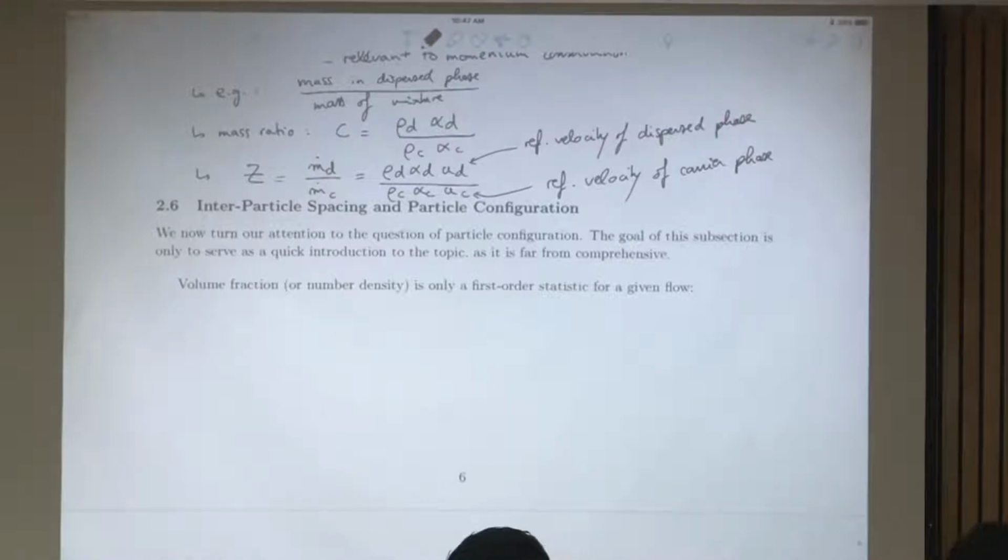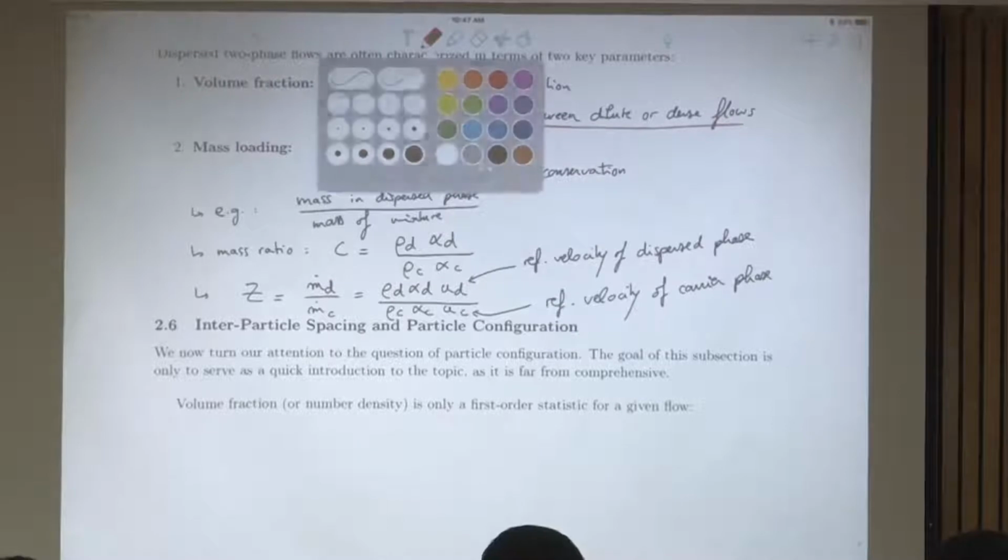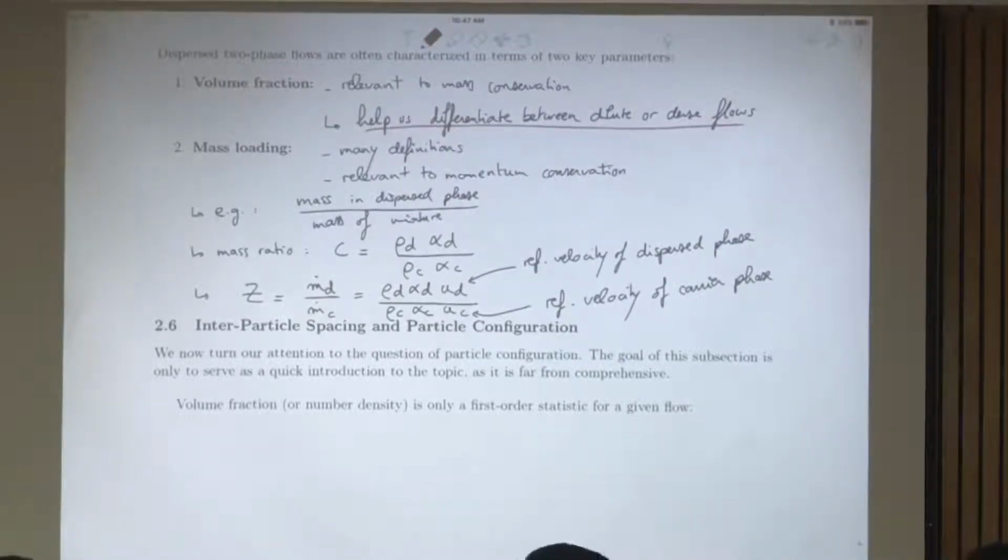It's going to be important for us to, so this here, volume fraction, we said this helps us differentiate between dilute or dense flows. Mass loading is going to help us differentiate between coupled and uncoupled flows. So basically we're going to say that no matter whether the flow is dilute or dense, if the mass loading is high, then dynamically the particles are going to be important to the fluid dynamics. And the converse is true as well, no matter whether the flow is dense or dilute.